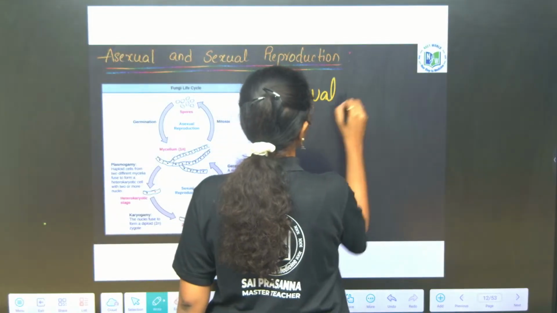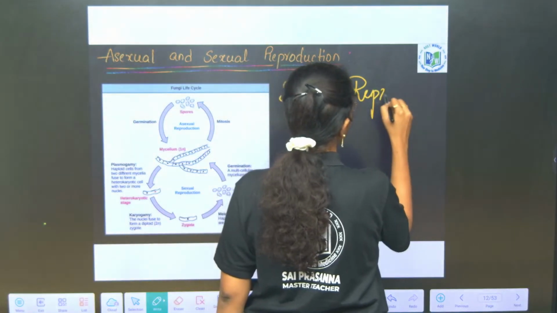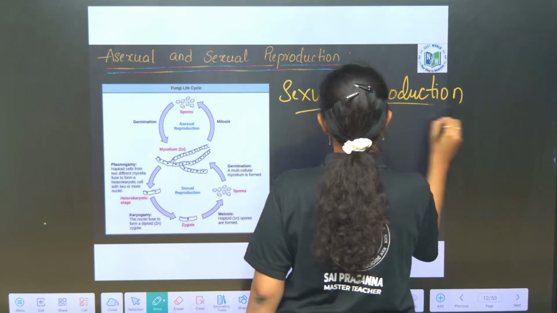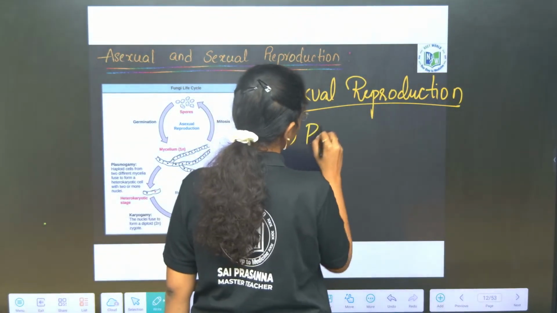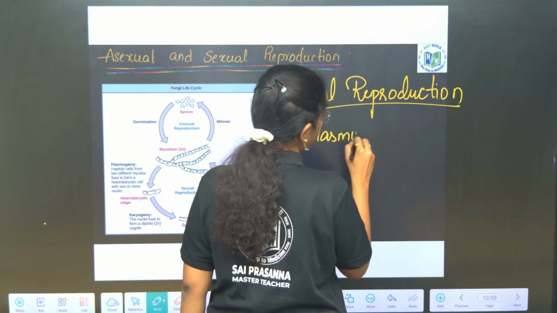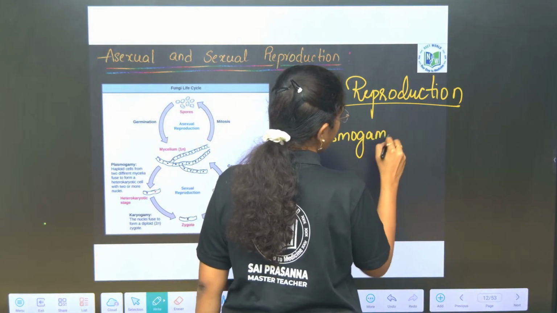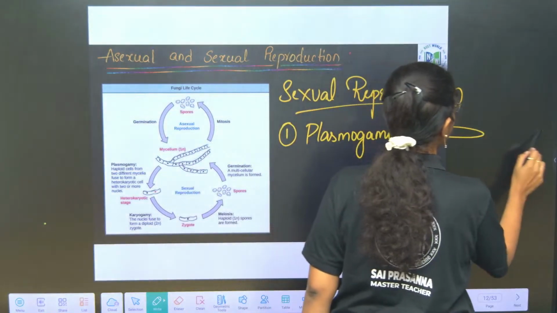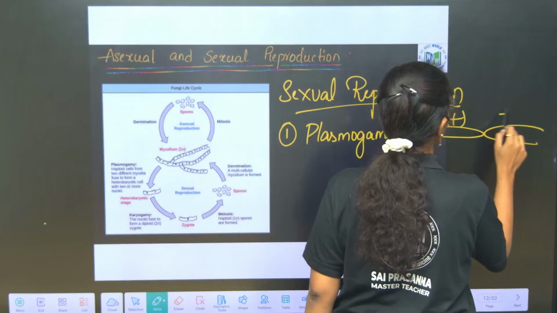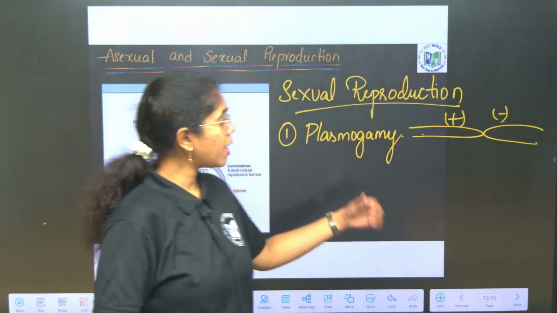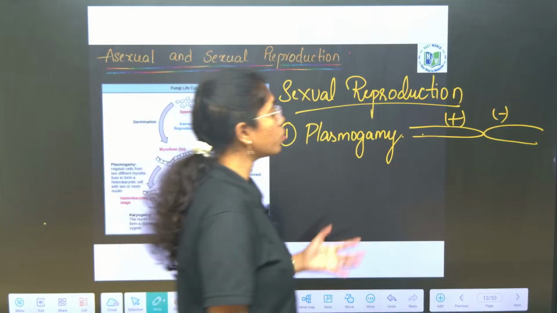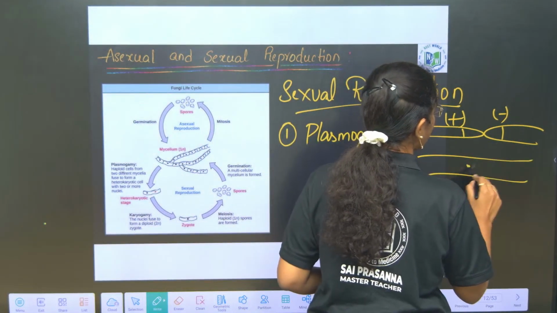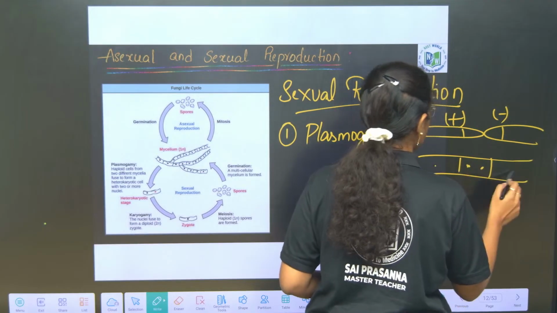In sexual reproduction, the first stage is plasmogamy. In plasmogamy, what happens? Two different strains of fungi will get fused. Let us assume plus and minus strains, be it by somatogamy or gametic fusion, two different strains of fungi will get fused, and the dikaryon stage is observed in higher classes of fungi.